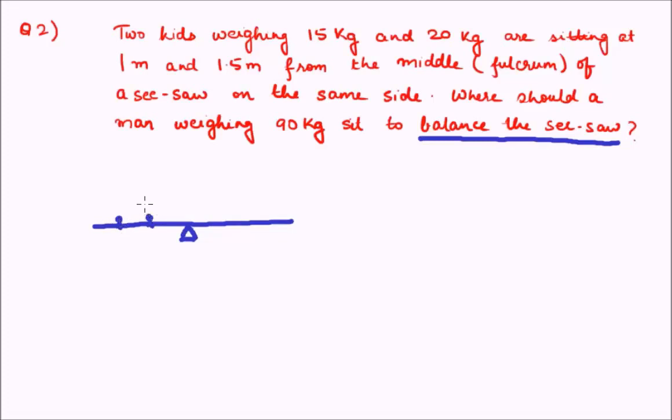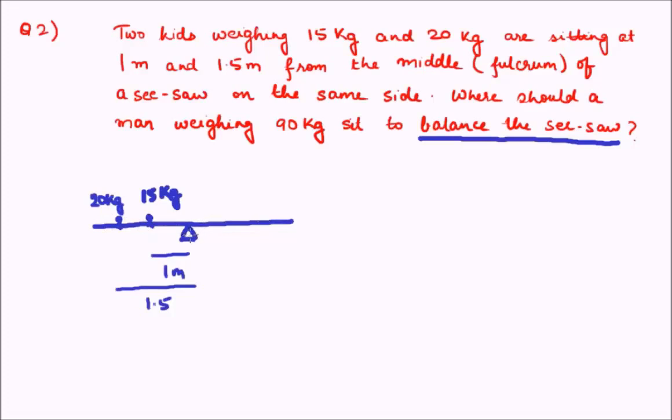This kid is 15 kgs and the other kid is 20 kg. This distance is 1 meter and this distance is 1.5 meter. Now we need to find out where a 90 kg man sits for this to be in equilibrium.